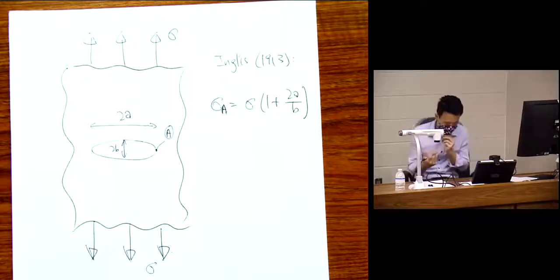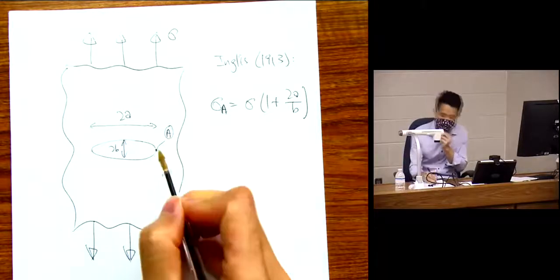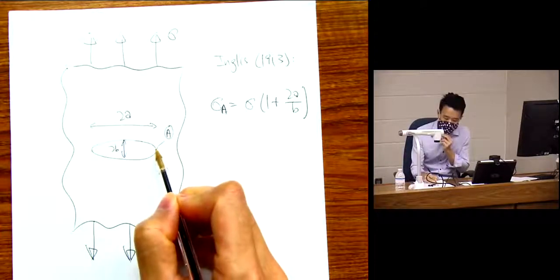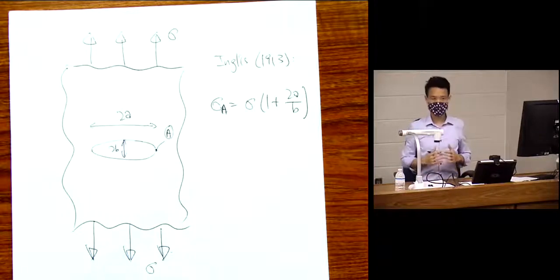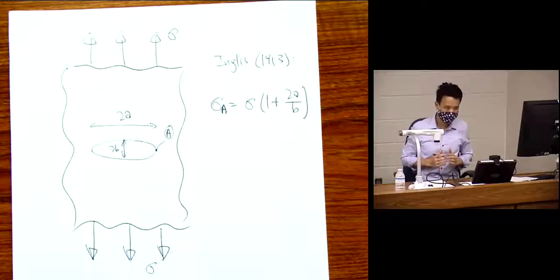So one way to do this is to express the curvature of the ellipse at the tip, right? Because we know that if the radius of curvature goes to 0, that means we are approaching a very sharp crack.